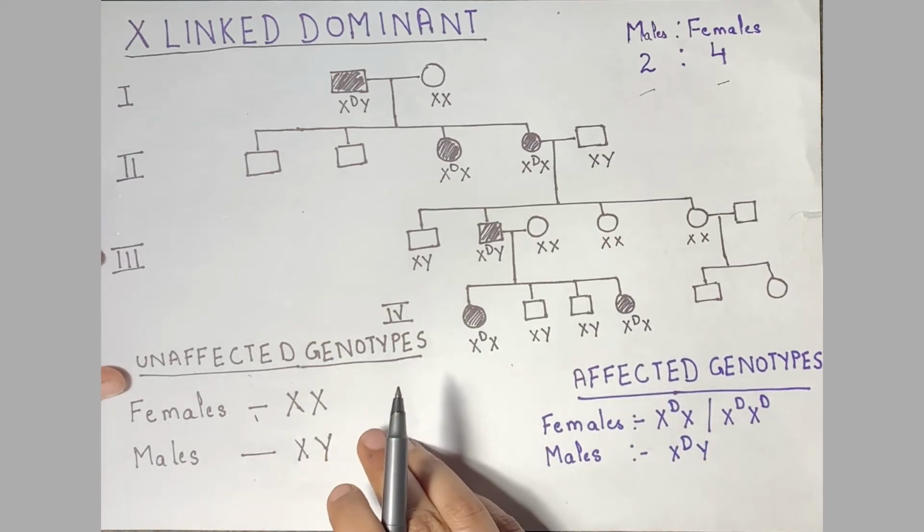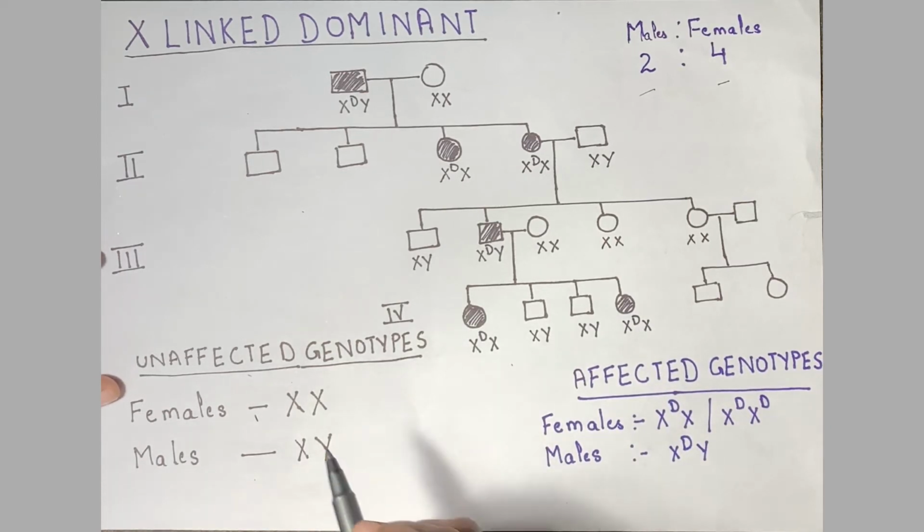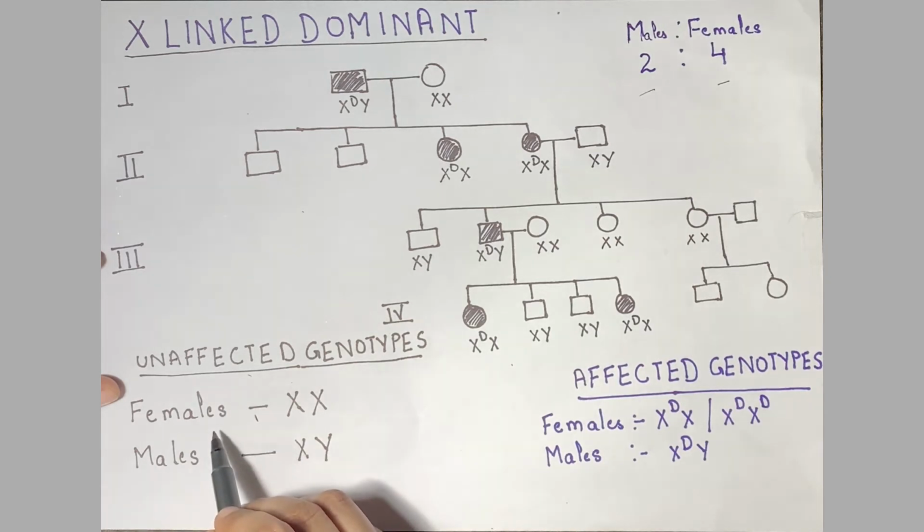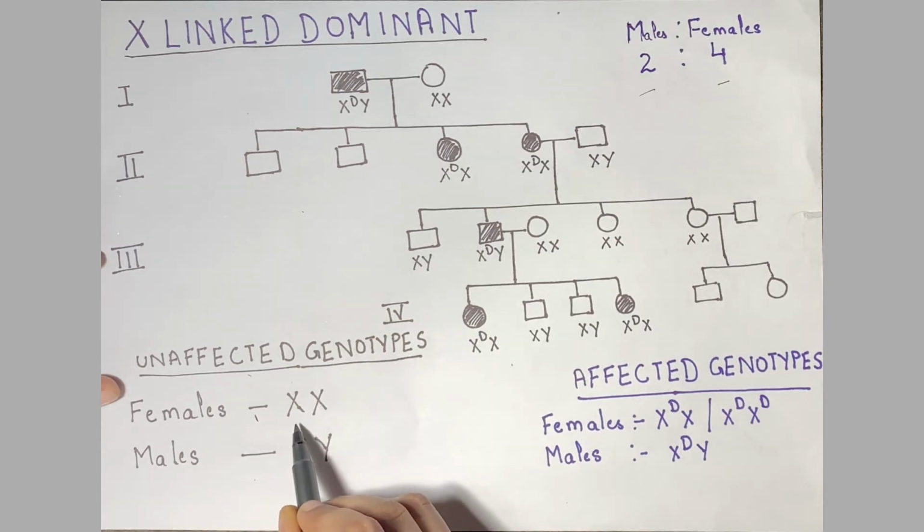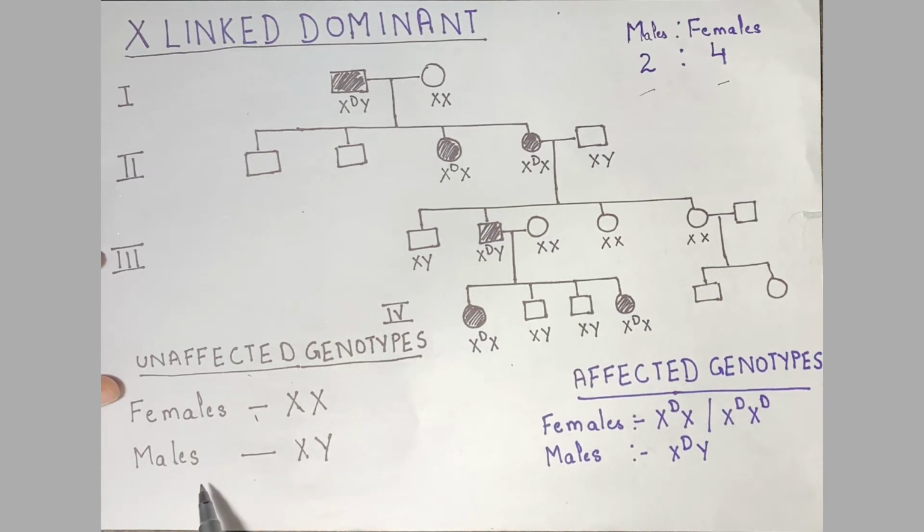Now, let us assign the genotypes. Unaffected females will have 2 normal X chromosomes, while males will have 1 normal X and a Y chromosome.